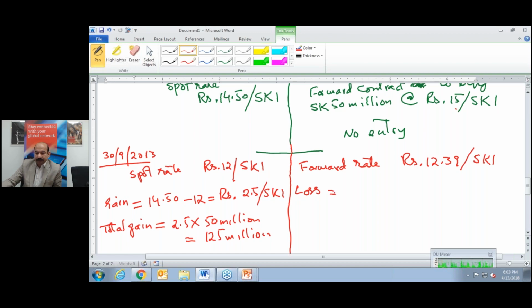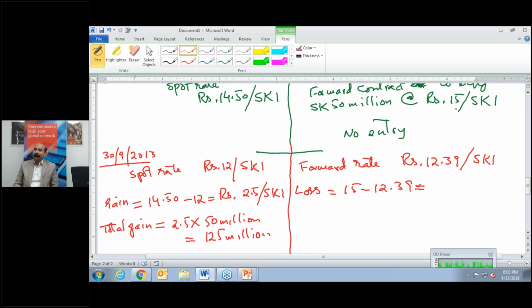Loss is equal to 15 minus 12.39, because you entered into a binding agreement on 1st June 2013 that you will buy 50 million SK at the rate of rupees 15. But subsequently, on year end, on 30th September 2013, the rate in the forward market moved to 12.39.